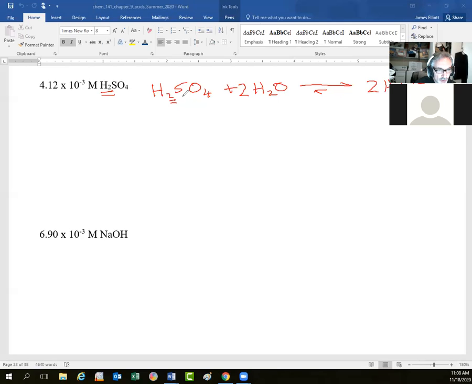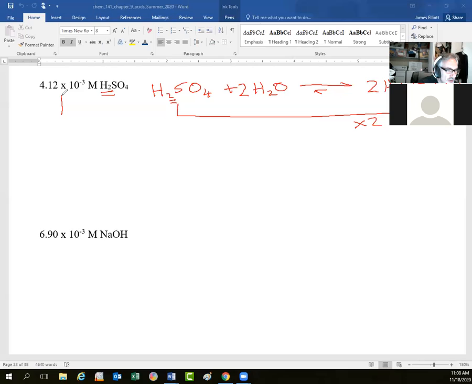and then we get the conjugate of the acid, the SO4, the sulfate, which we know as a stable ion from chapter 3 chemistry. And so the important thing here is that the concentration of the acid needs to be doubled to give us a concentration of hydronium ions in the solution.